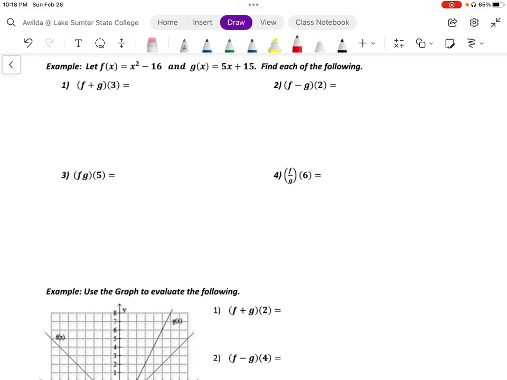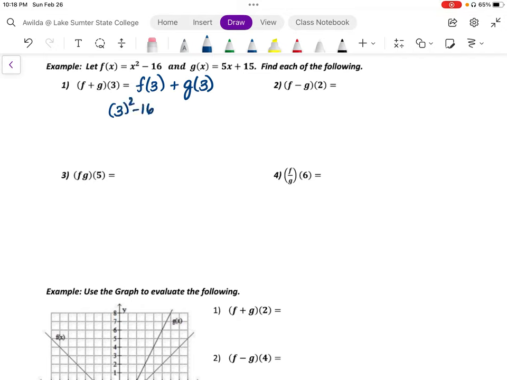If f(x) is equal to x² − 16 and g(x) is equal to 5x + 15, then (f + g) evaluated at 3 is equal to f(3) + g(3). Well, when x is 3, f takes on a value equal to 3² − 16.